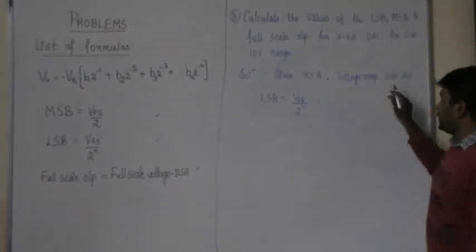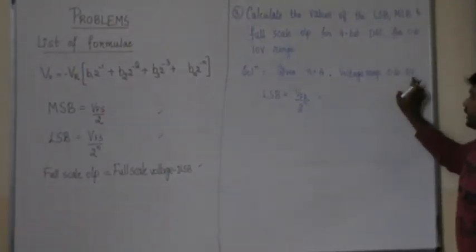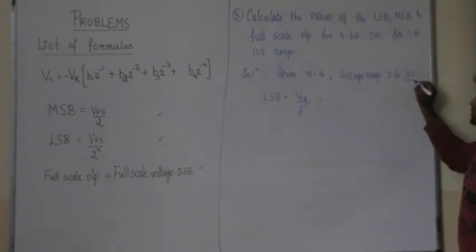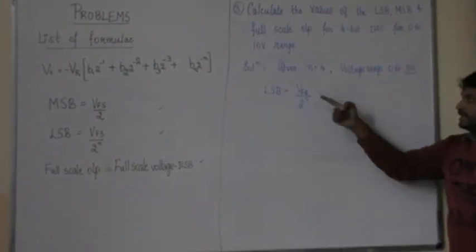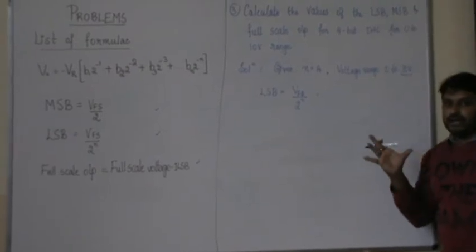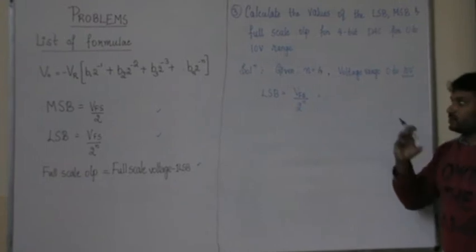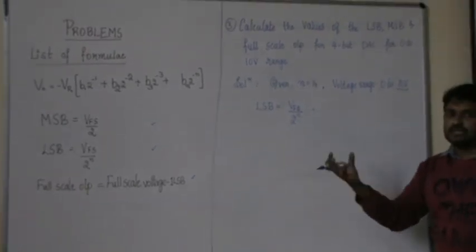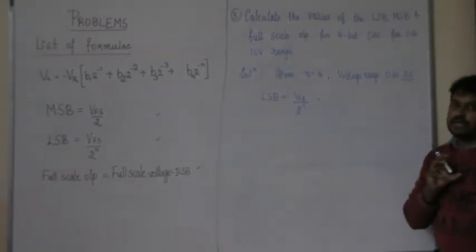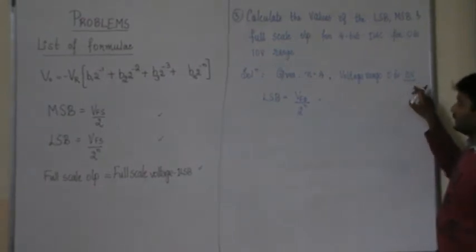What is the voltage they have given here? 0 to 10 volts. You have to consider the maximum value. The full scale means the maximum voltage that comes at the end of the scale. So 0 is the starting voltage and 10 is the full scale or the last value, so you should consider 10 volts.